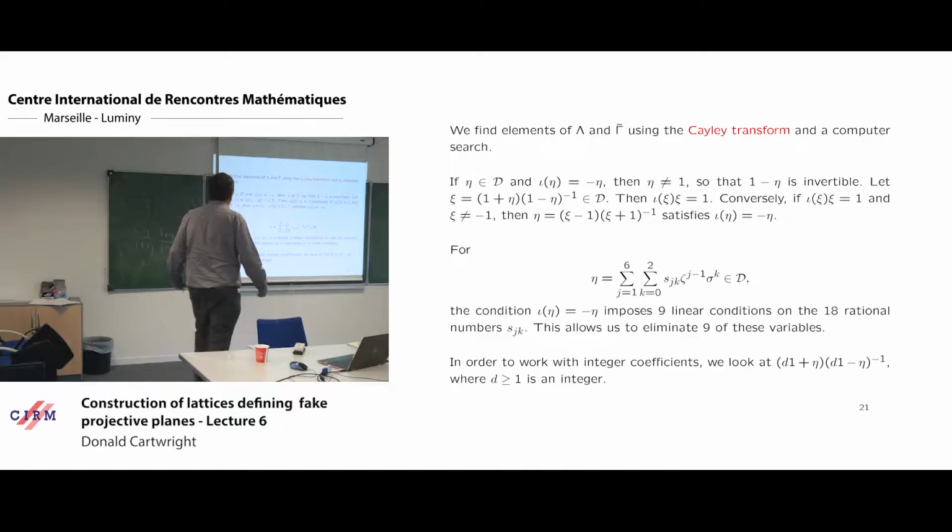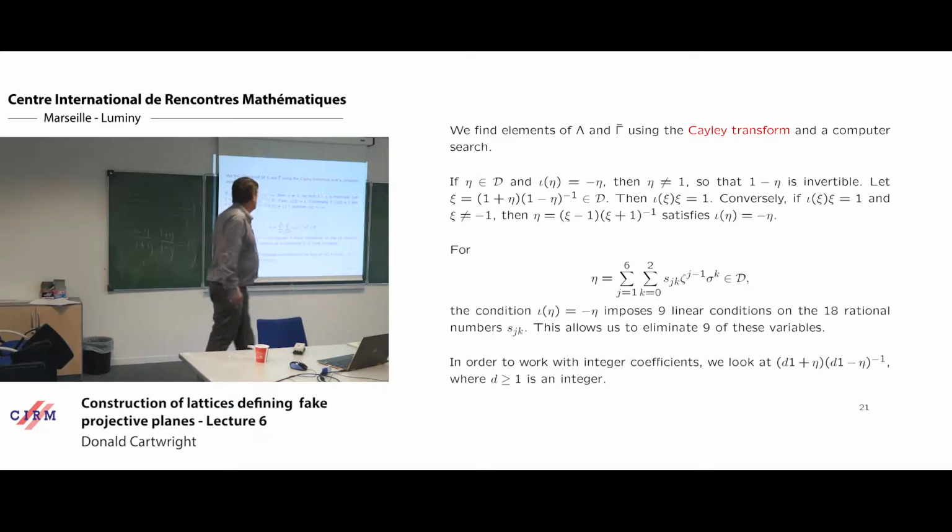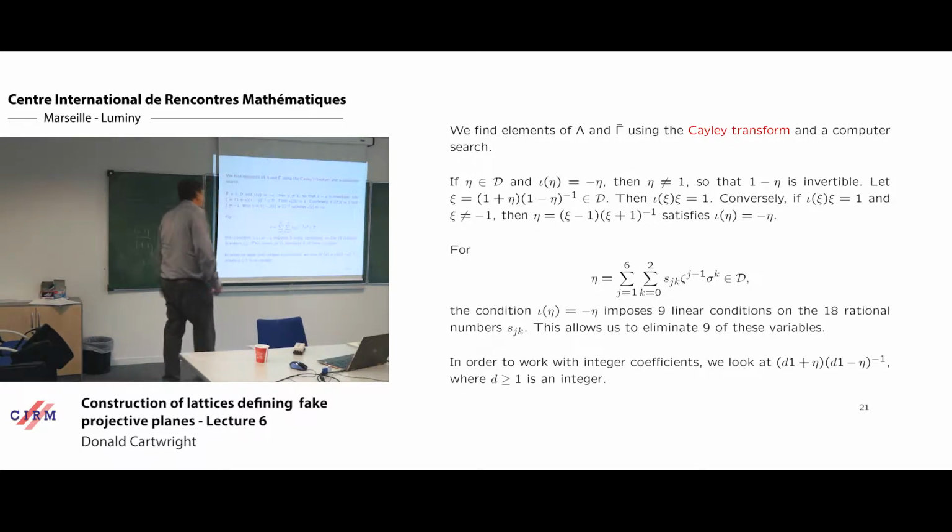Okay. Now the good thing about that is that this is a linear condition, whereas this condition here is a nonlinear condition. So let's write down an eta with coefficients s for skew, s sub jk.